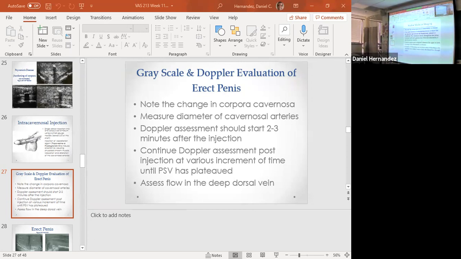Some examples of us using nuclear medicine would be to assess for GI bleeding, to detect areas of bleeding in the intestinal tract. We can use it to scan kidneys, to check blood flow through the kidneys. A big one would be your VQ scan, your ventilation-perfusion scan, to assess for potential pulmonary embolism.